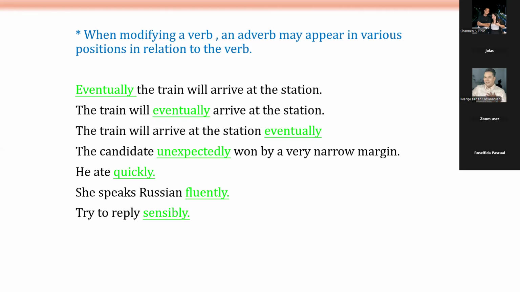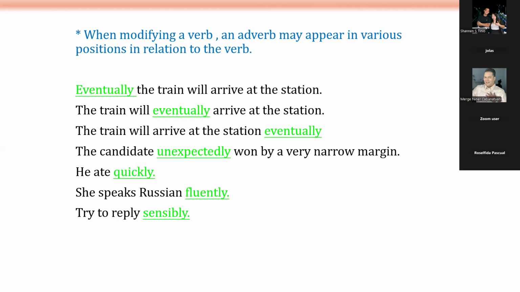But if you add the word fluently, it means to what degree does she speak Russian? Fluently. Okay? Now, if she doesn't speak fluently, what adverb can you use? She speaks Russian poorly. Yan, poorly, okay? Ibig sabihin, hindi siya magaling mag-Russian. Okay?